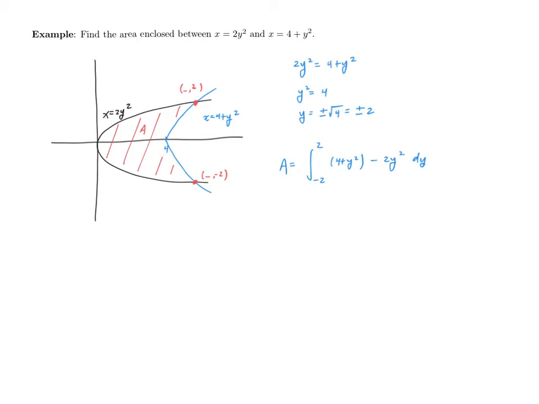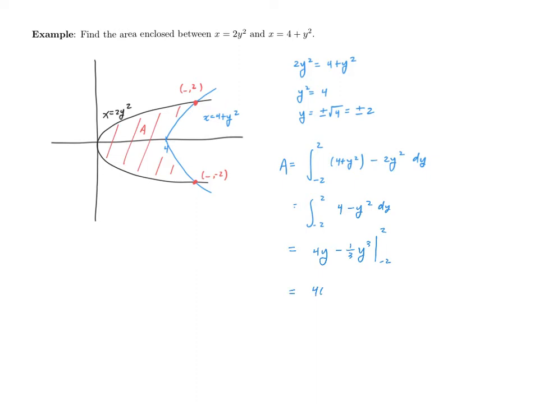So let's go ahead and evaluate it. Simplifying the integrand, we are integrating 4 minus y squared, and then evaluating this definite integral with the fundamental theorem of calculus, we simply anti-differentiate term by term, and we need to evaluate from minus 2 to 2.